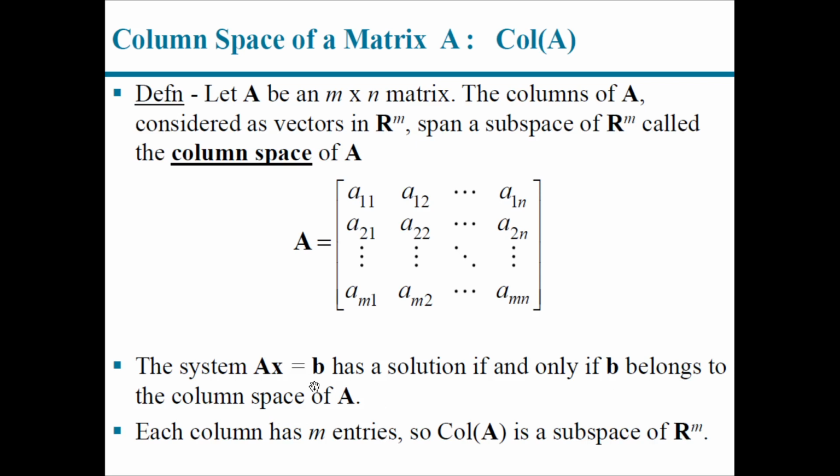If b does not belong to the column space of A, the system does not have a solution. This is just an observation. Because we introduced a new definition, we realized that we can use it as new knowledge, but nothing special. This is not going to help you actually solve the system, by the way. This is just one extra notion that we have now.